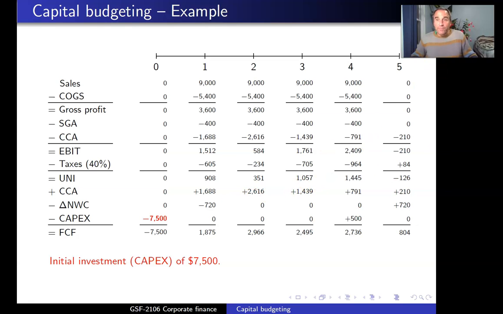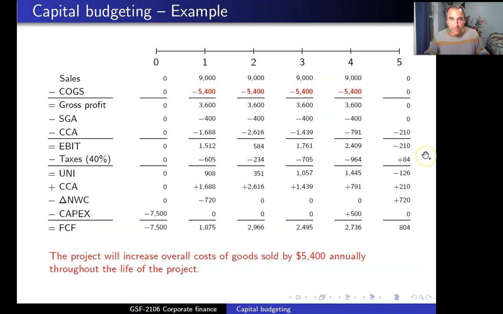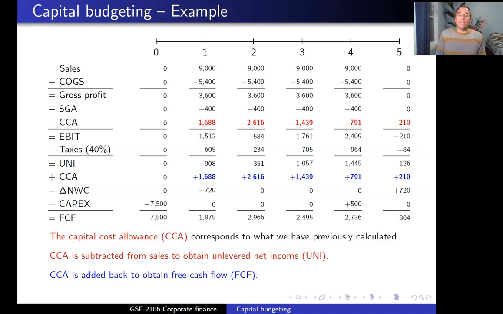Initial investment, $7,500. The project will increase sales by $9,000 every year over the next 4 years. It will also increase variable costs, so the cost of goods sold, over the next 4 years. Selling, general and administrative expenses will go up by $400. CCA is the CCA we have calculated previously with the CCA rate of 45%.